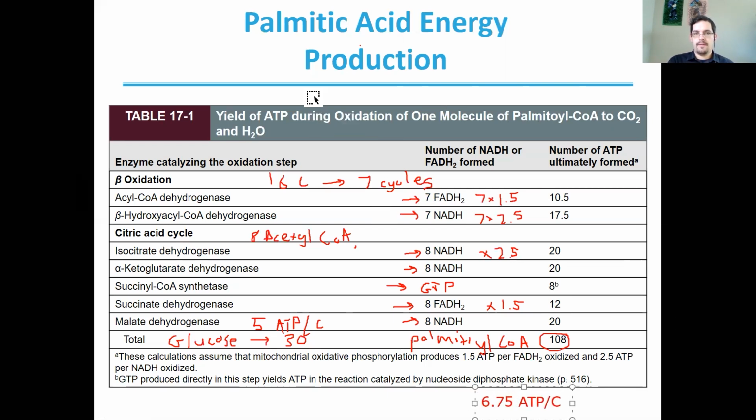So that's, again, the advantage that we get because our fatty acid carbons are more reduced initially. So you can produce more ATP per carbon.